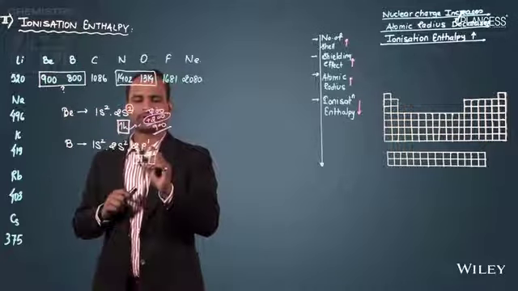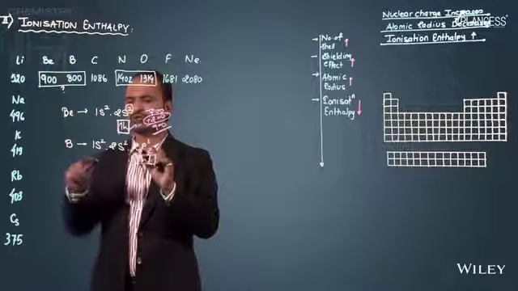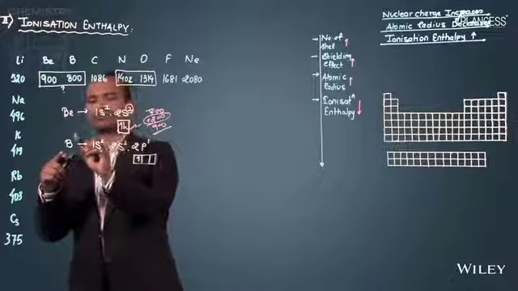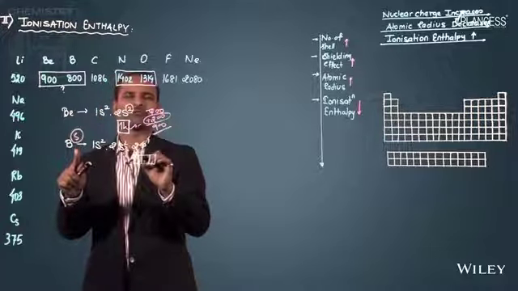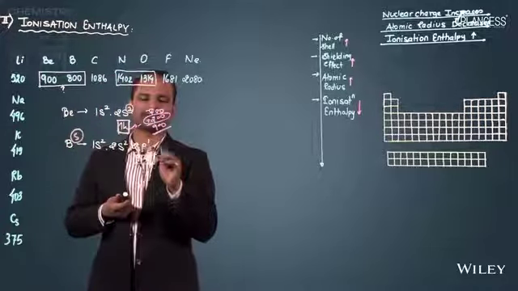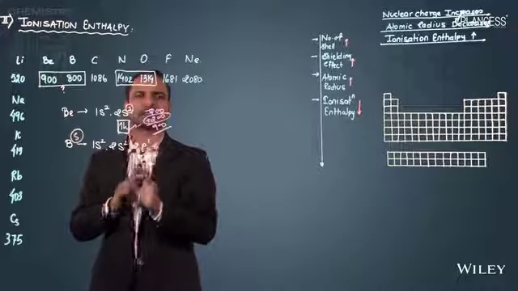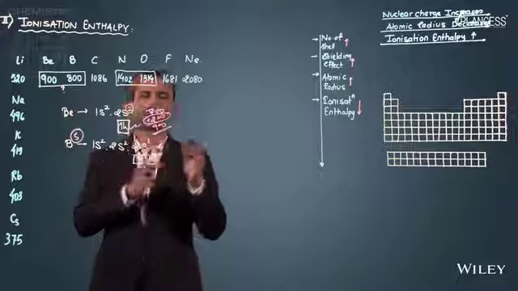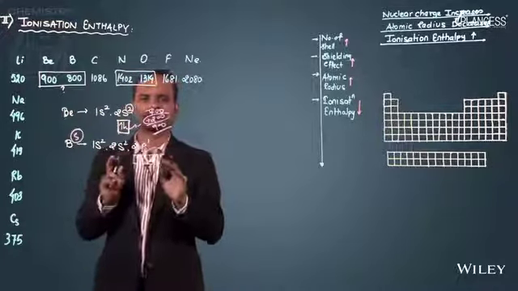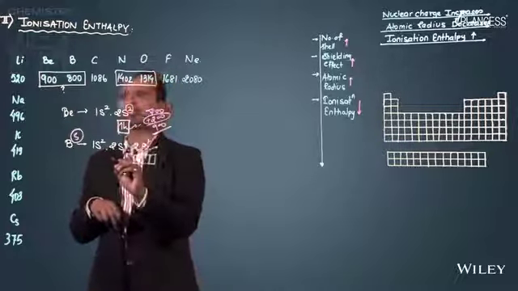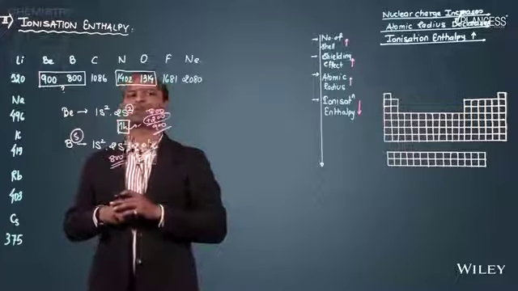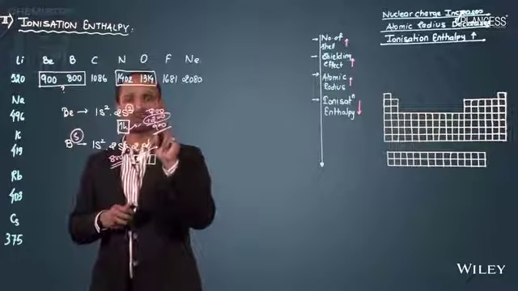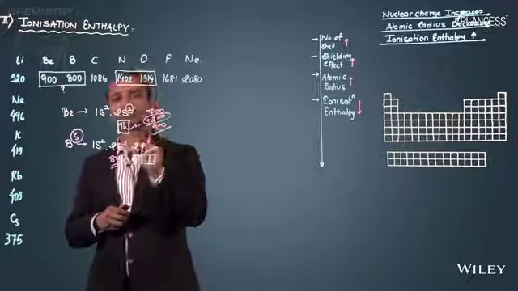In the case of boron, atomic number 5, if you want to remove the outermost electron, p1 is not a stable configuration, so there is no problem with removing this electron. It will easily lose the electron, and that's why it requires only 800 kilojoules of energy. But beryllium requires 900 kilojoules because after removing that electron, it will lose its stability.